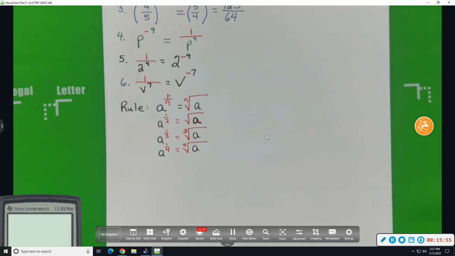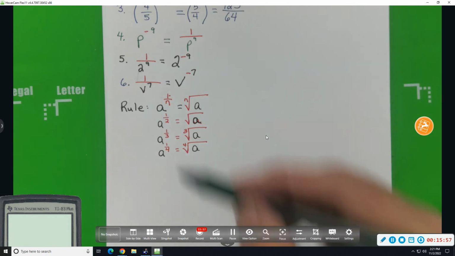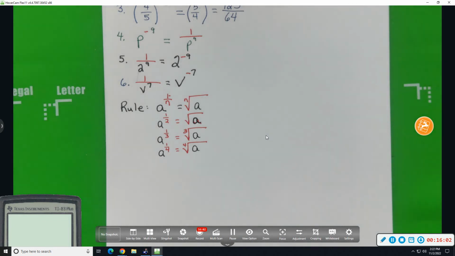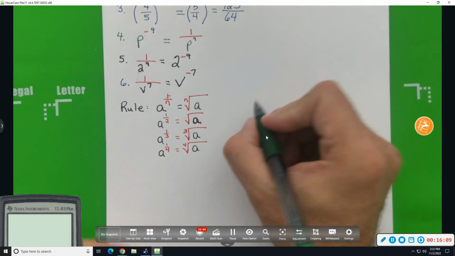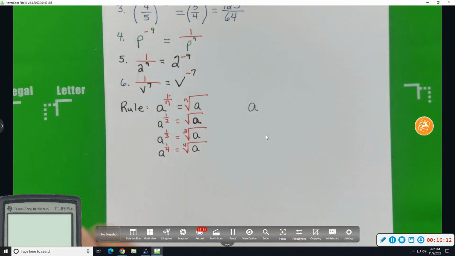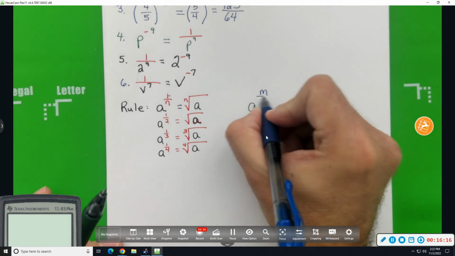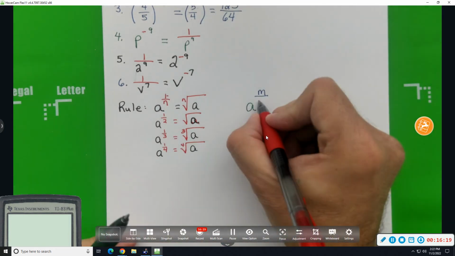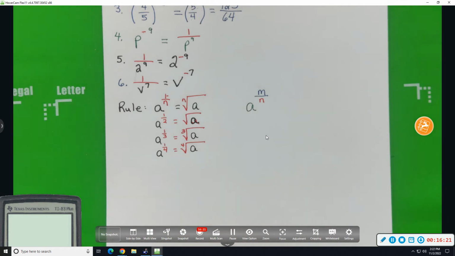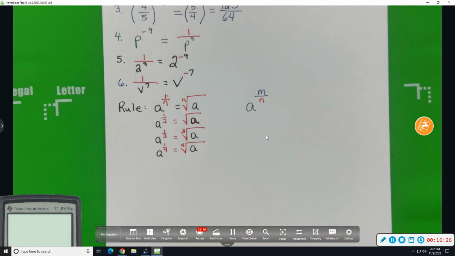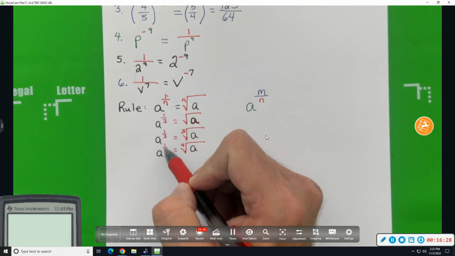The natural question to ask is, what if this number on top isn't a 1? And we'll see at least one or two of those in the assignment. Well, that's not hard at all. If the top number is something other than a 1, I'll call it m. So if you have something other than just a 1 over a number, the bottom number is always the root.